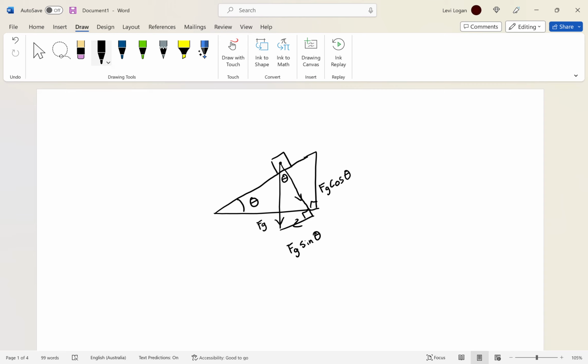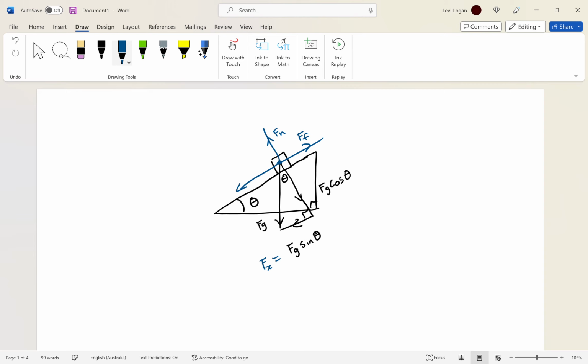Now, the better representation of these forces is this force goes directly up. So this is otherwise known as the normal force. It's equivalent to this here. And this force here is the force going down the slope. I'd just like to call it F subscript X. So this is basically our diagram. Now, if we have a force of friction, the friction force is going to act the opposite way up here.